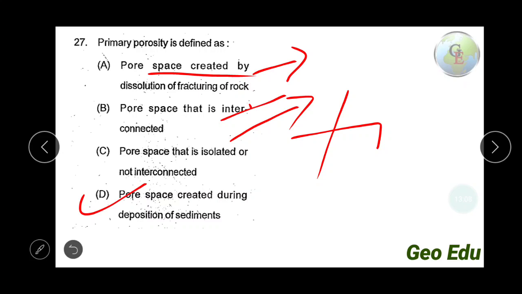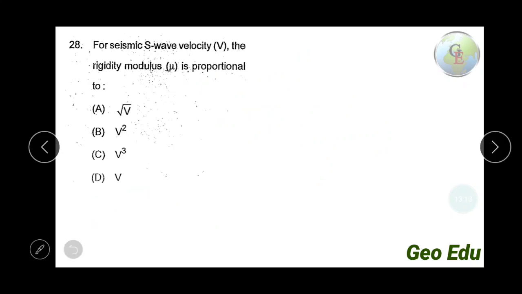And next question. For seismic S wave velocity v, the rigidity modulus mu is proportional to: option A root over v, option B v square, option C root v cube, and option D v.